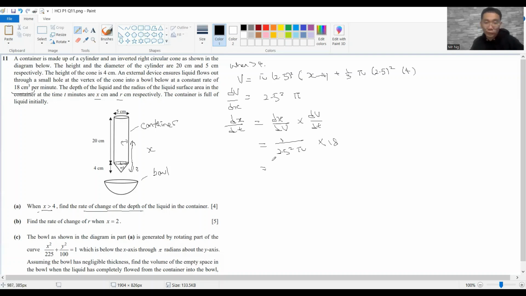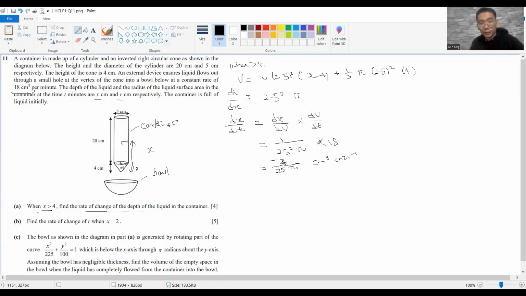So it equals 72 over 25 pi. This is the change of depth, in cm per minute, or you can write per minute also.